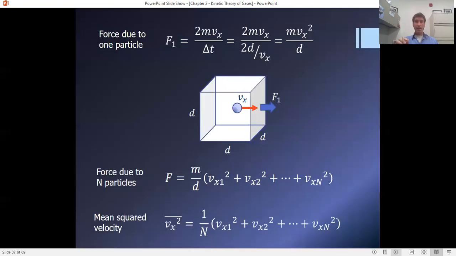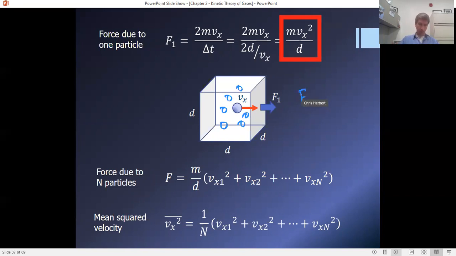So let me take that expression again, and I've just basically written out the whole thing over again, that force is equal to mvx squared divided by d. And now I'm going to extend this idea to many particles, many particles hitting this wall and applying their own force, okay?